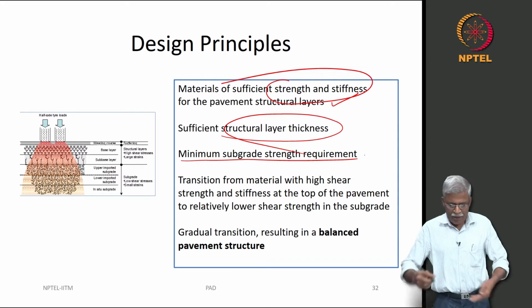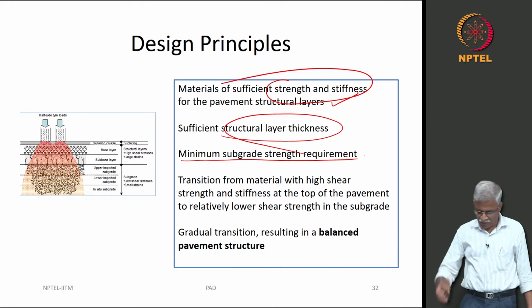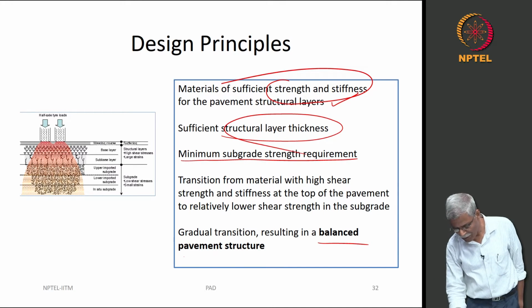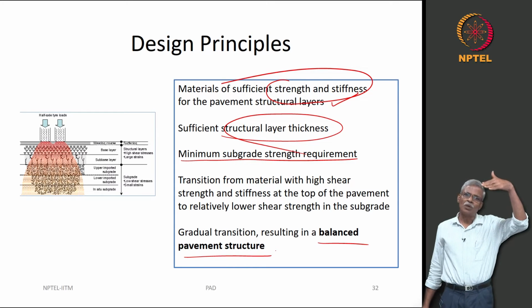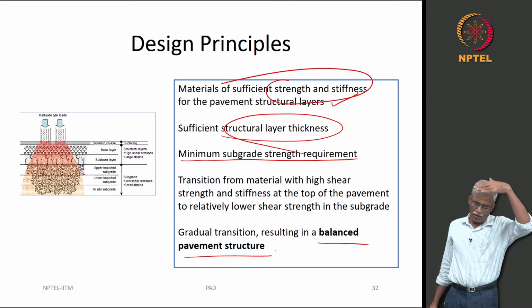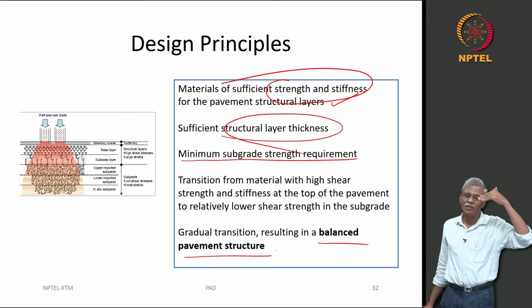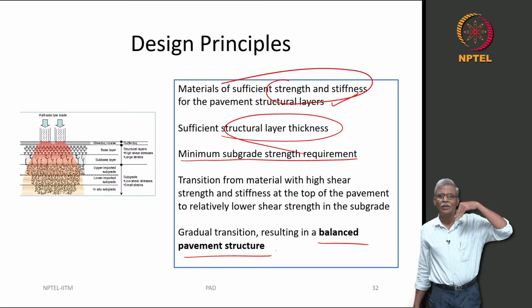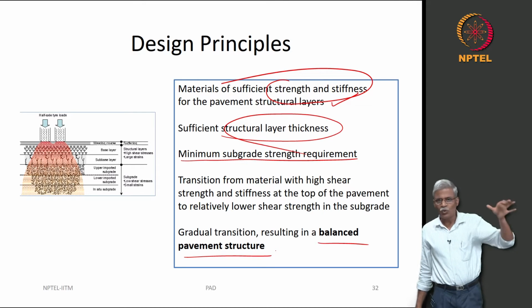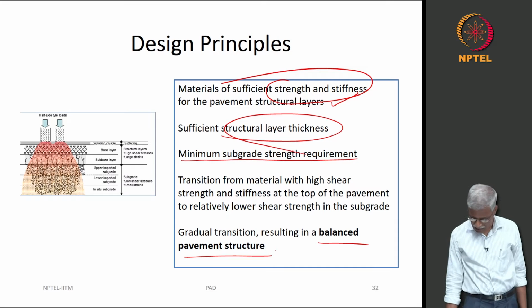The interesting part here is, we will be talking about this balanced pavement structure in a short while from now. They would like you to transition from the material with high shear strength and stiffness at the top to the relatively lower strength in a smooth way, and this is really called the balanced pavement concept.